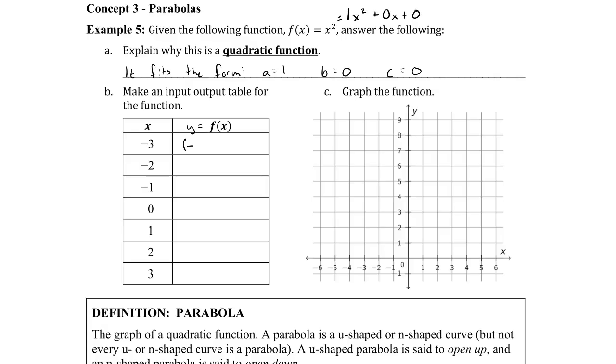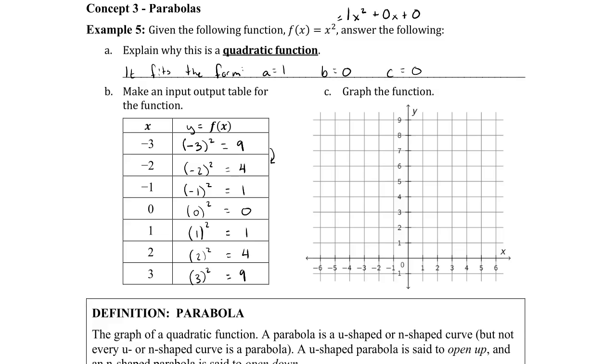So we'll take -3 squared is 9, -2 squared is 4, -1 squared is 1, 0 squared is 0, 1 squared is 1, 2 squared is 4, and 3 squared is 9. So notice these y values come down and then go up again.